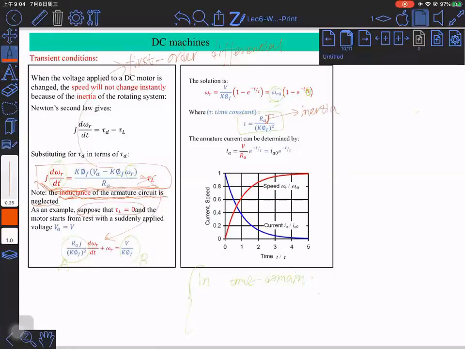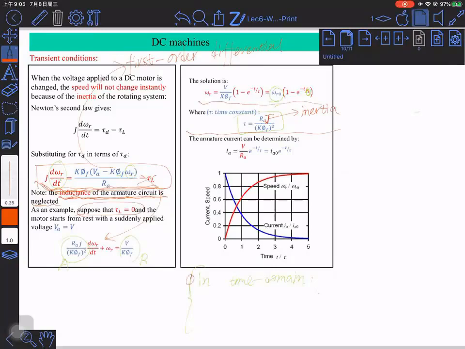So tau is equivalent to RA, the armature resistance, times J, the inertia, over K phi square. This is what we get for the time constant, and subsequently this is the speed.